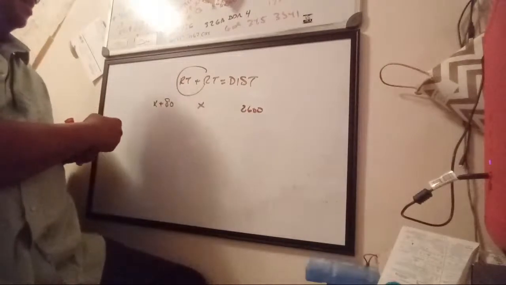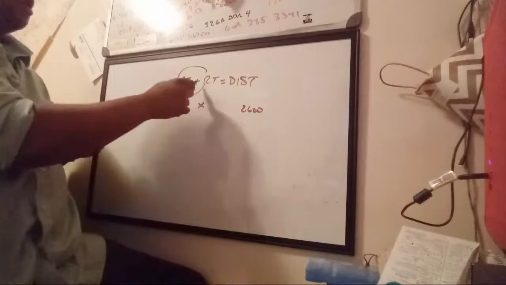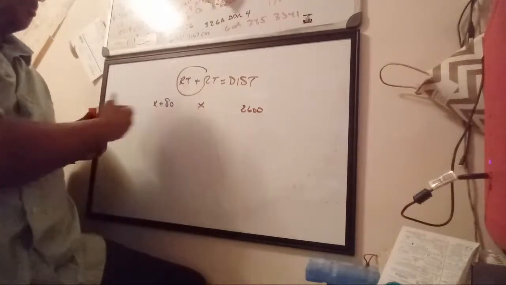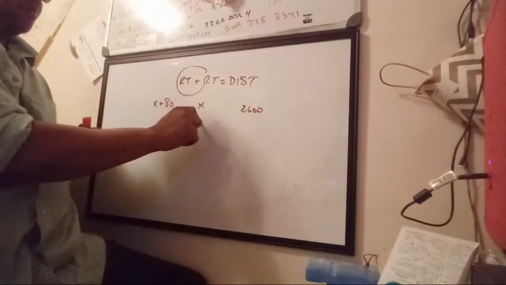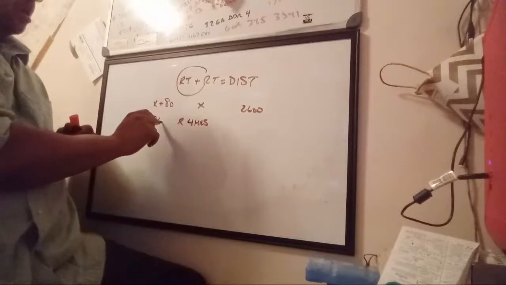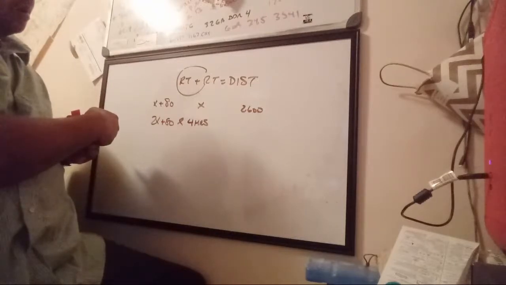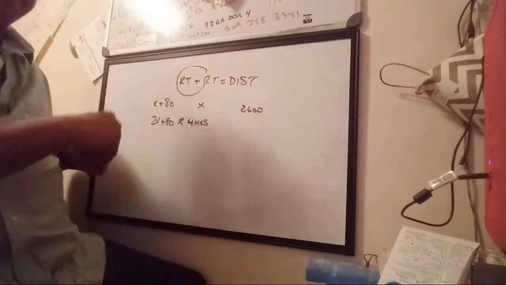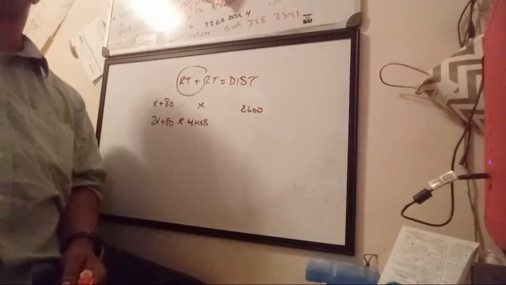Now rate times time plus rate times time. These will be multiplied before added, so the time will be the same, right? 4 hours times x plus 80. That's the operational consideration to think about.